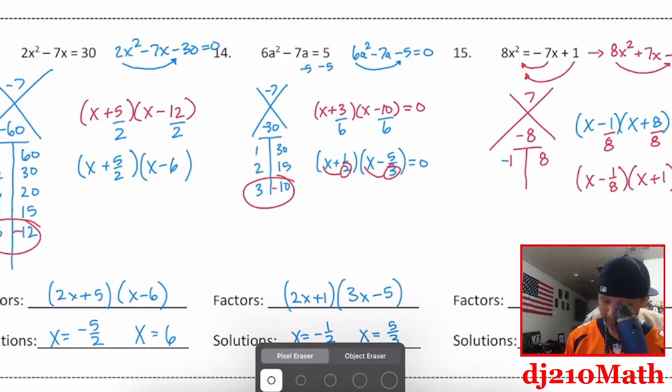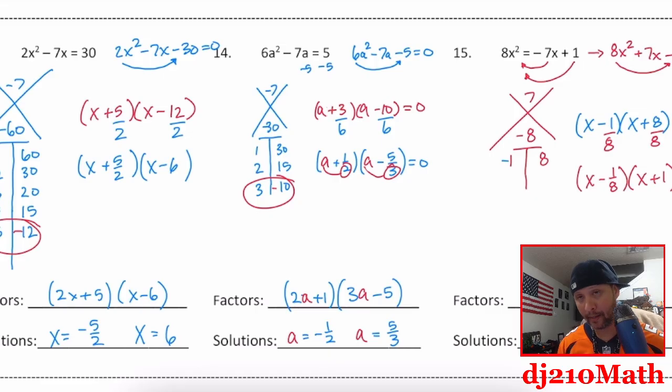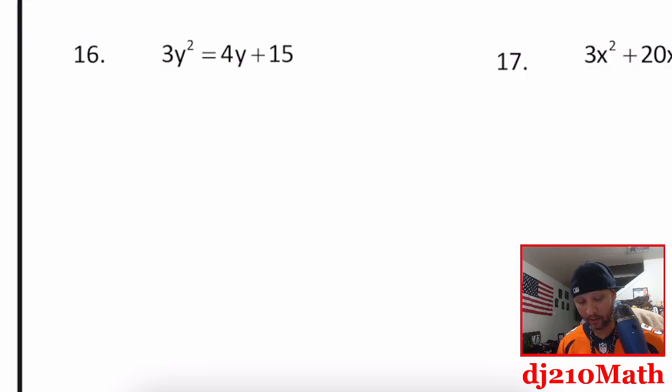So maybe you saw it and you were screaming. Should have been A's, right? I understand what you were trying to say. All right, these are Y's. So our answers are going to be Y's. We have to remember to do that.